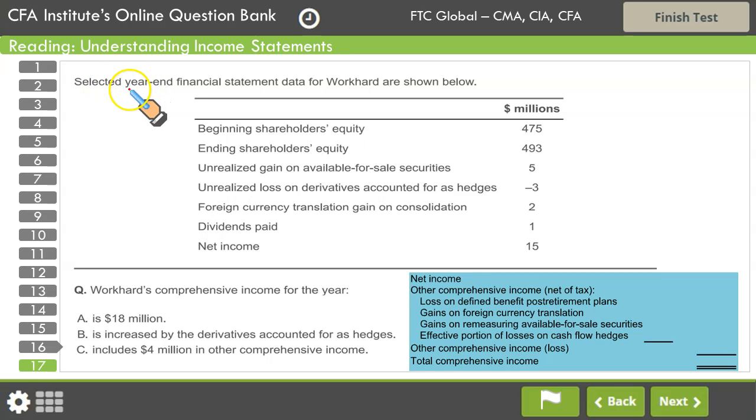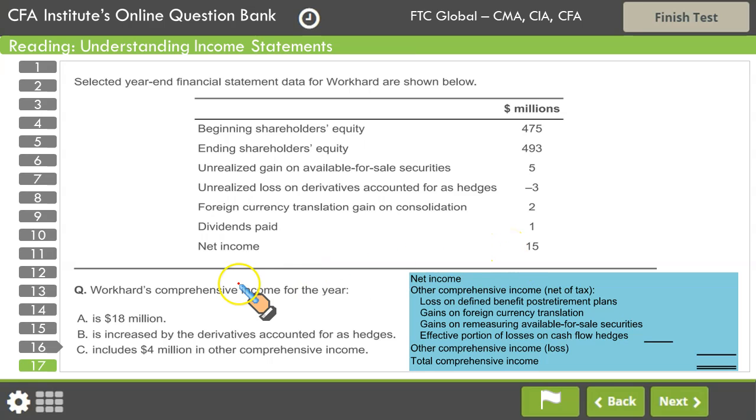Selected year and financial statement data for Work Hard are shown below. We have beginning shareholders equity, ending shareholders equity, unrealized gain on available for sale securities, unrealized loss on derivative accounted for as hedges, foreign currency translation gains on consolidation, all these are OCI items, and dividends paid, and the net income.